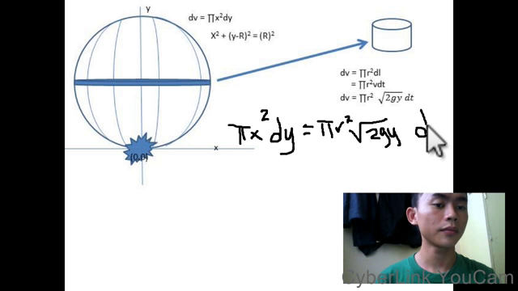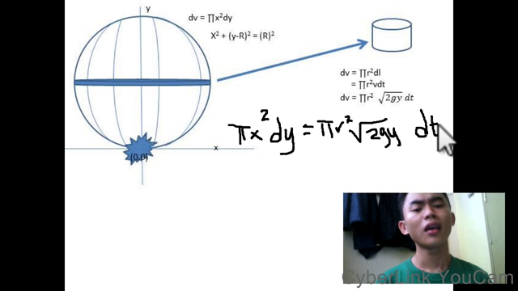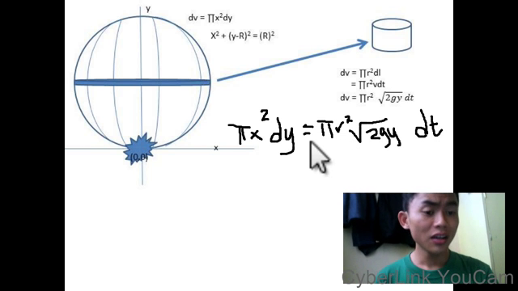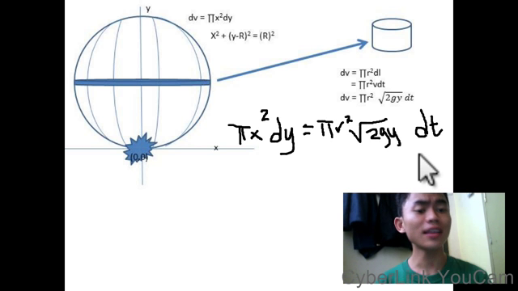Okay. But in this equation we have a problem: x. Our dependent variables are y and t. How to get the x?